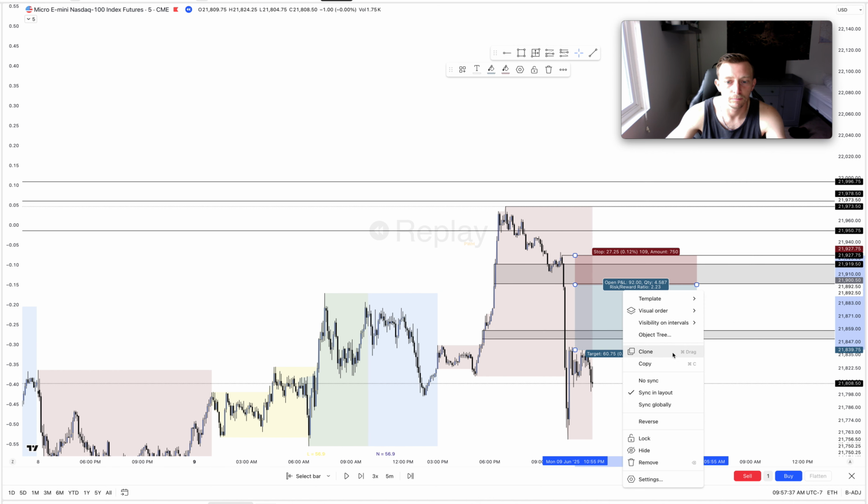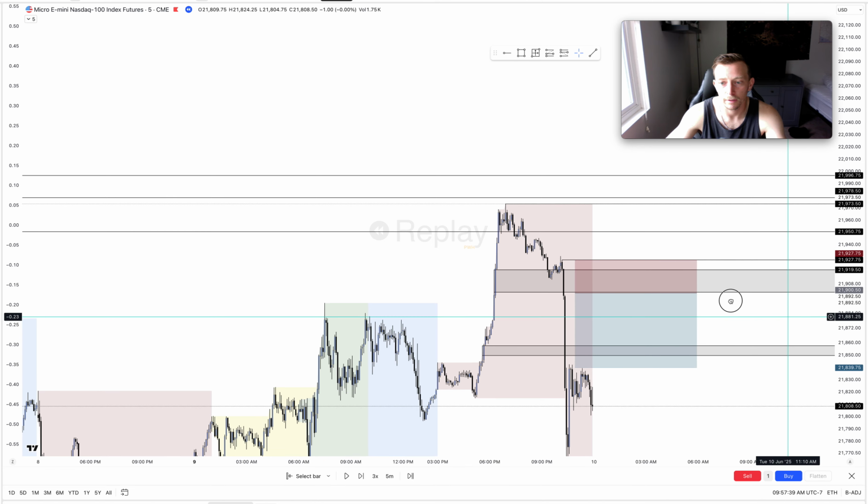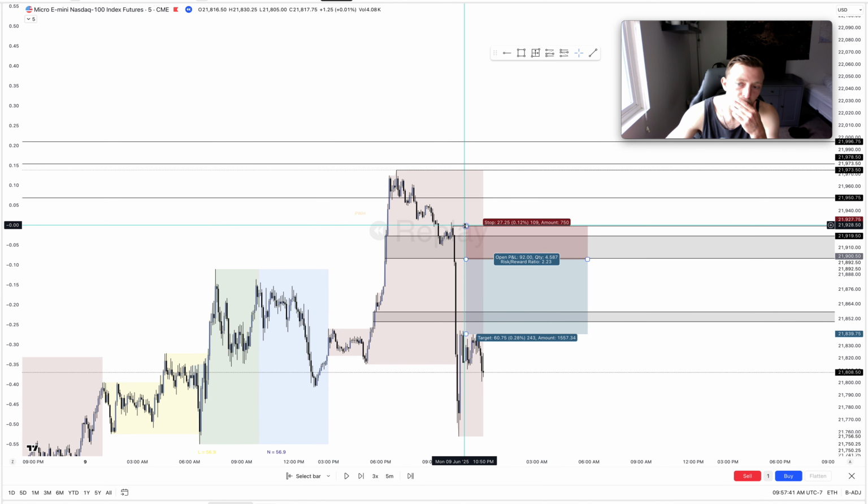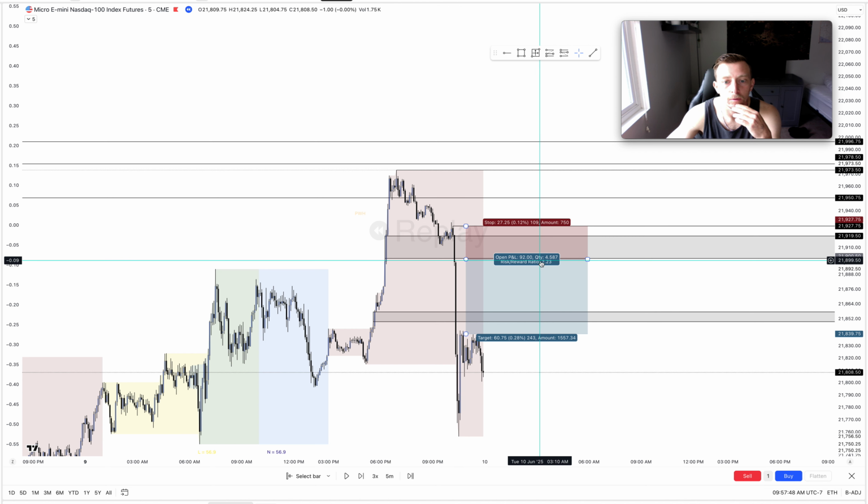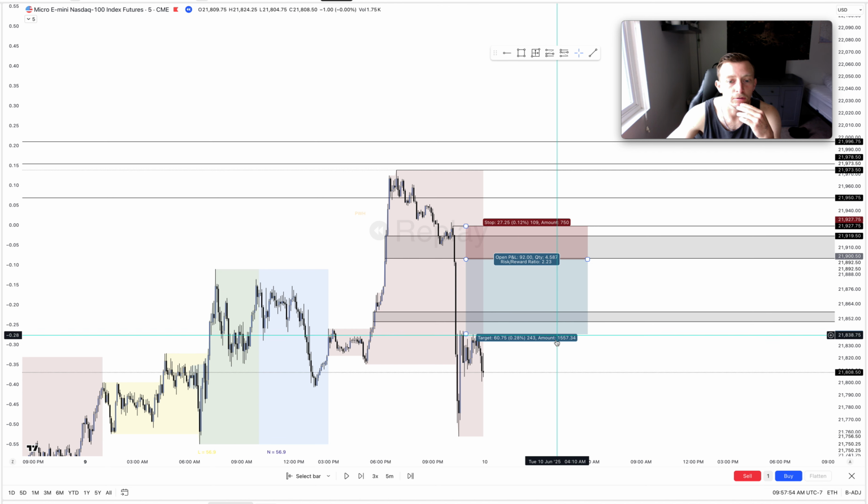That would have been, well, I'm in a trade right now, but we'll say I risked $100 or $80. So it's at a 1 to 2.5, so 80, 160, so like $200 right here.